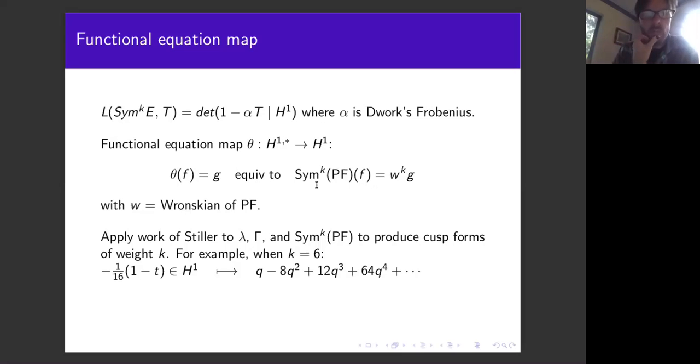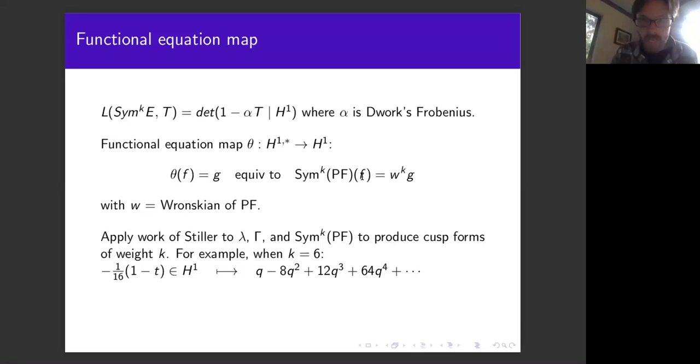It's equivalent to plugging this function f into the kth symmetric power of this Picard-Fuchs differential equation. If you haven't seen it before, there's such a thing as taking a differential equation and taking the kth symmetric power, and out pops an even bigger differential equation.